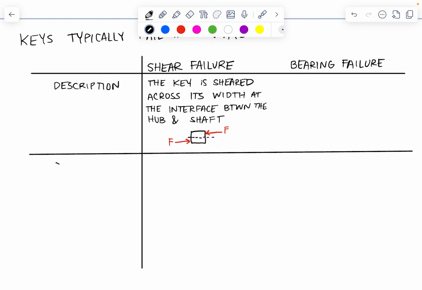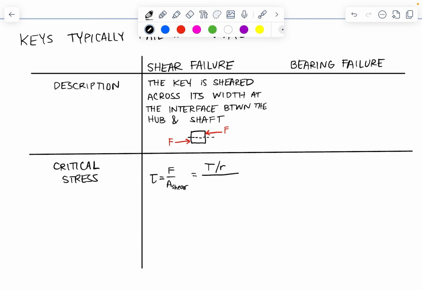And we can calculate the critical stress of the key under this type of loading by taking the shear force, F, and dividing it by the area that's being sheared. So that force is going to be the applied torque to the shaft divided by the shaft radius.